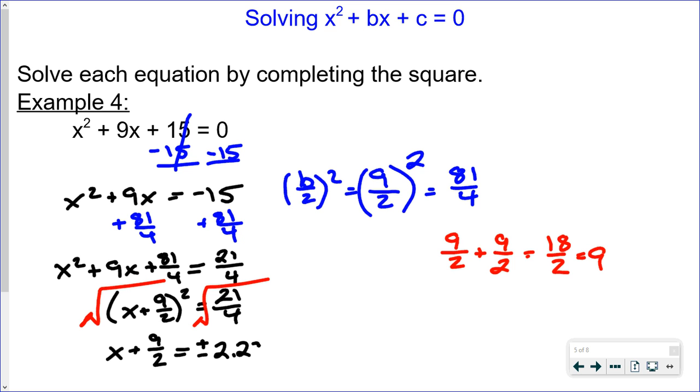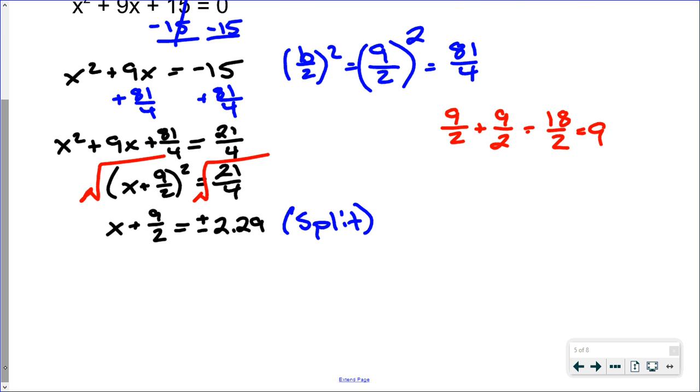Don't forget the positive or negative, because we need that in order to split this. So split this into x plus 9 halves equals positive 2.29, and x plus 9 halves equals negative 2.29.